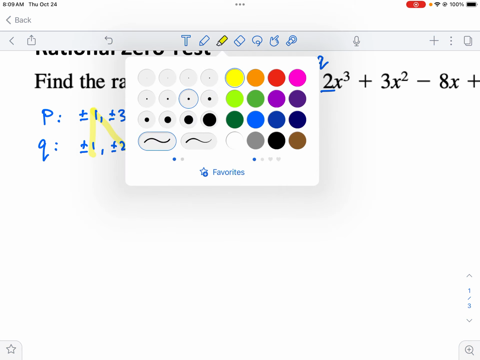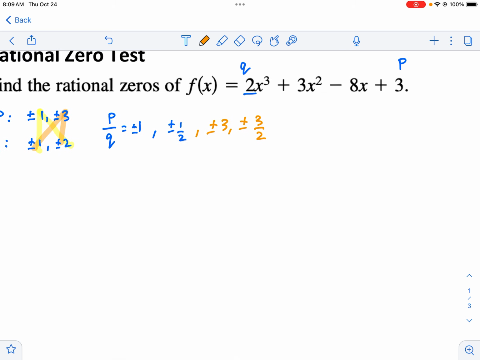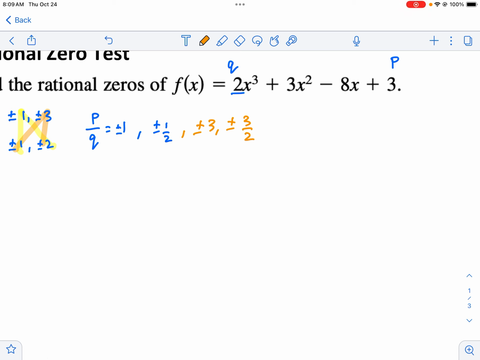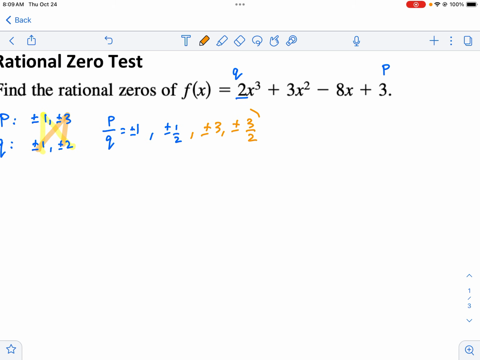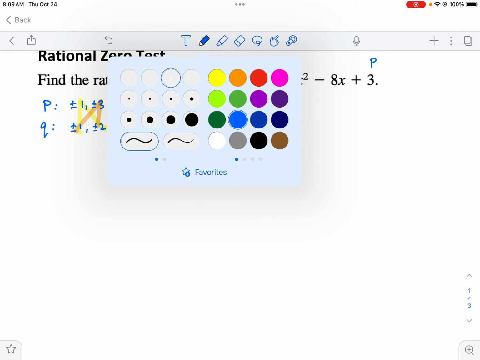And if I do 3 divided by 1 and 3 divided by 2, then I have all my possible roots. What that's saying is, if there is a rational root, meaning a number that does end, for example 1/2, and you do have a number like that on the graph, it should hit one of these points. So you just have to check.